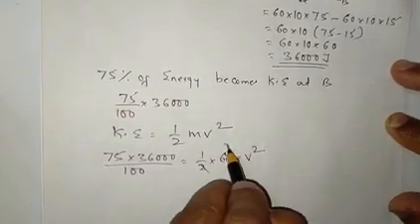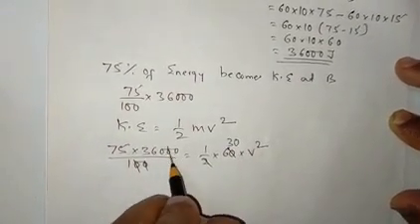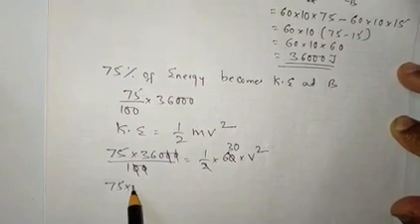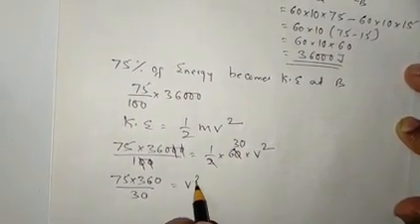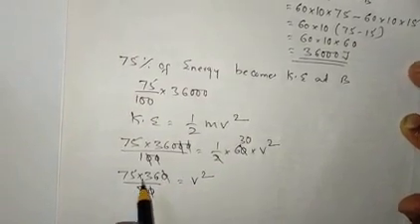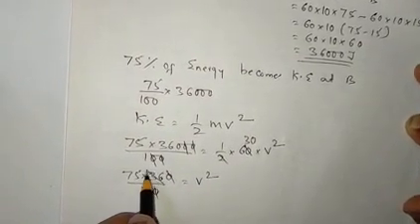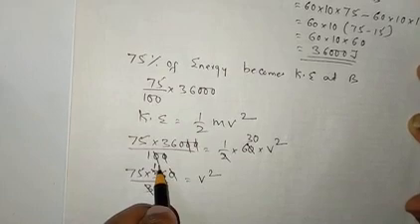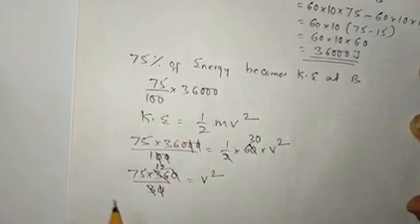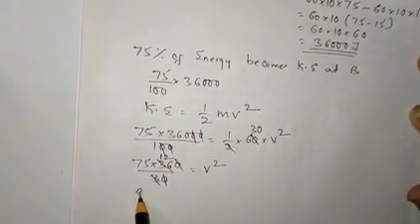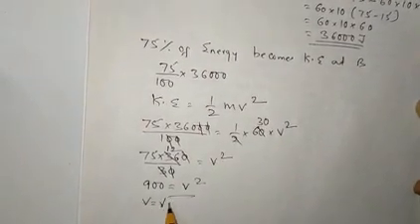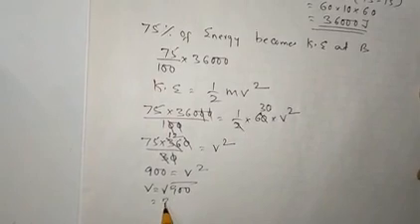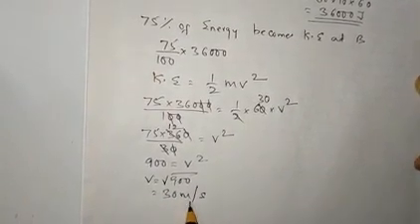So 30, two zeros will cut, 75 into 360 by 30 is v square. 75 into 12 is 900, that is v square. Means v is under root 900, that is 30 meter per second.